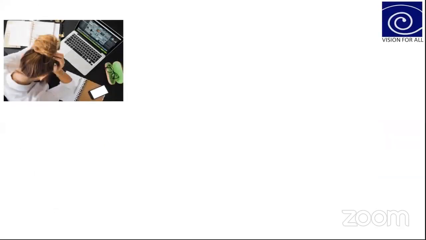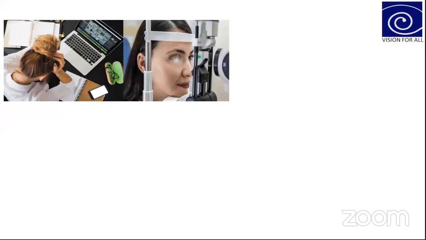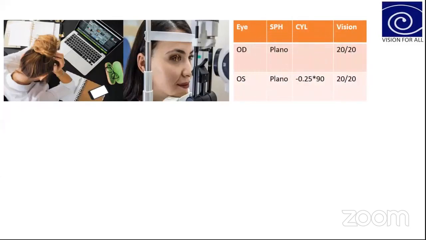So let's move to the next slide. If a patient visits your clinic or any secondary or tertiary hospital with complaints of symptoms like headache, eye strain, and stomach symptoms or something else, and you do the slit lamp examination and see that the anterior and posterior segments are within normal limits, and you find no significant refractive power, then don't get confused or bothered about what to do in this case.